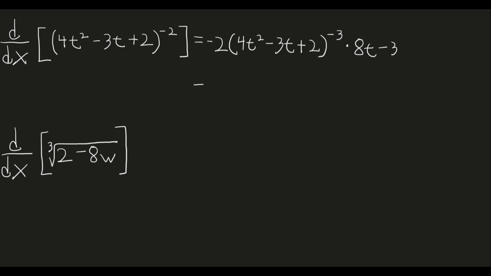Finally, we want to multiply these together, and doing so, that gets us negative 2 times 4t squared minus 3t plus 2 times 8t minus 3. Oh my goodness, I forgot the negative 3 power. How silly. And this would be our final answer.